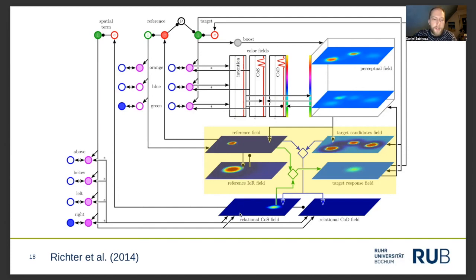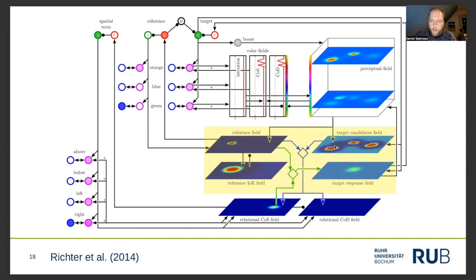And that field receives additional input from the spatial term nodes. And it forms peaks where those two inputs overlap. So effectively, it will form peaks on the locations of those target candidates which stand in the given spatial relation to the reference object.